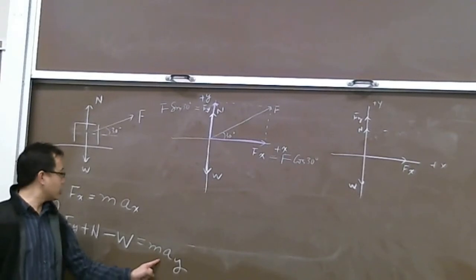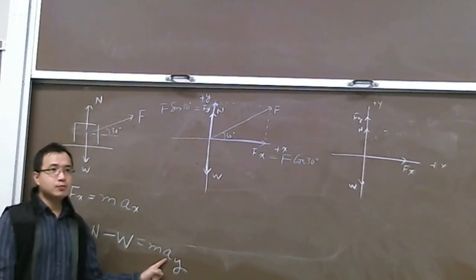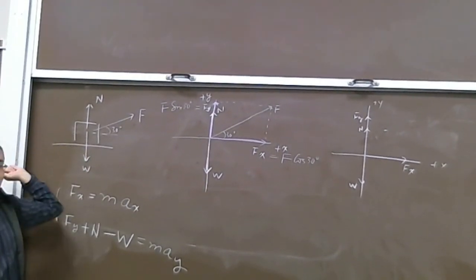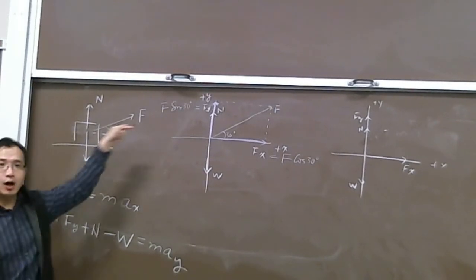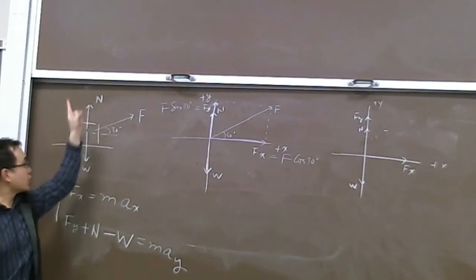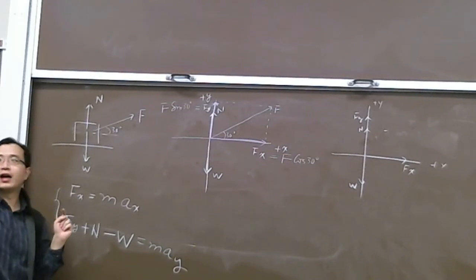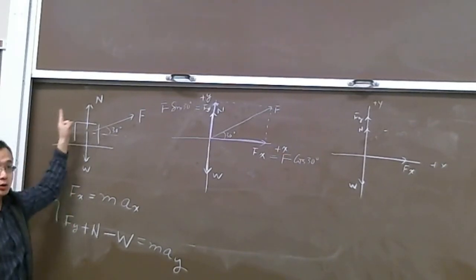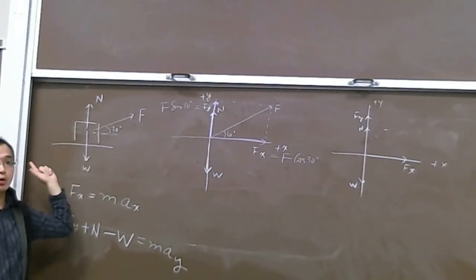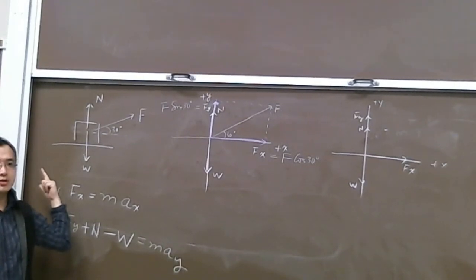It's not from any calculation. We don't have a number for this normal force or weight. It's from the physical analysis, because we are talking about something moving along the surface. So there is no motion along y direction unless you are putting it to fly up. That's not something I'm considering. So there is no motion along y direction, that means there is no acceleration. So we know that ay equals 0 in this case.